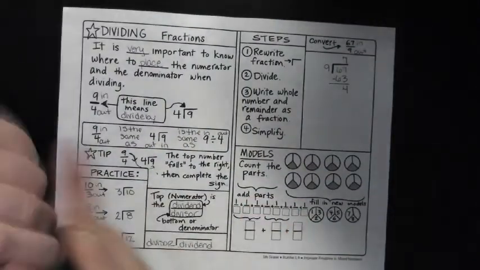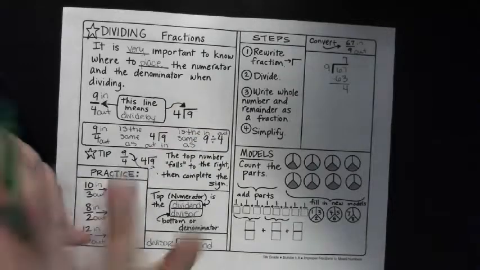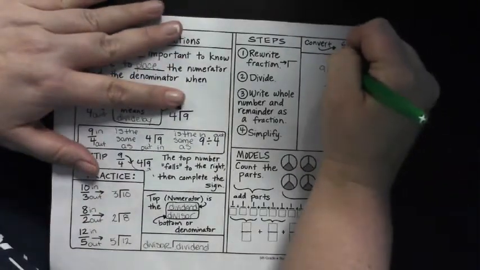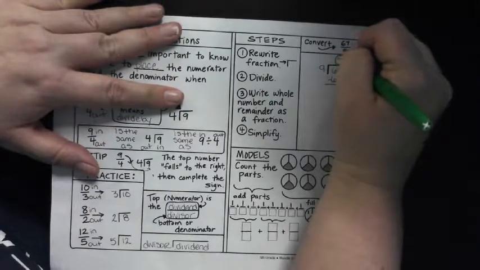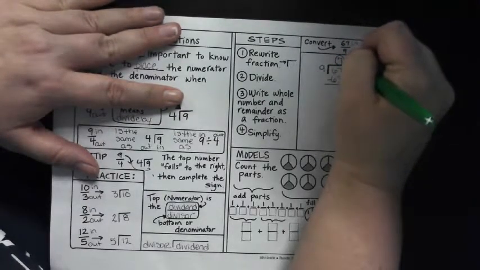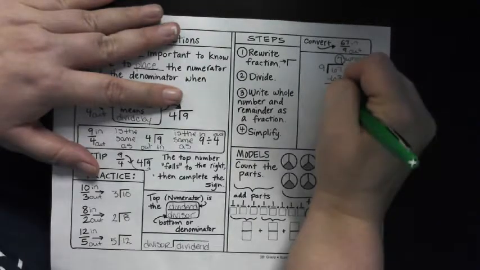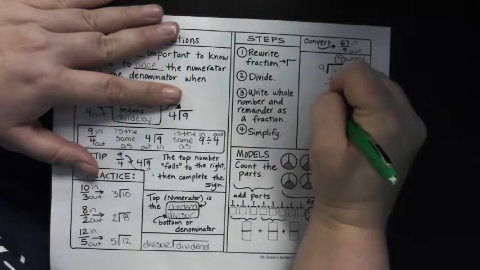Now, when you are taking that number and you want to make it into your mixed number, know that this top number, that is our whole number. And sometimes you'll just label it with a W. The remainder is our numerator.